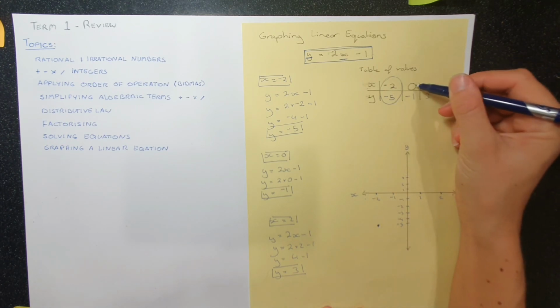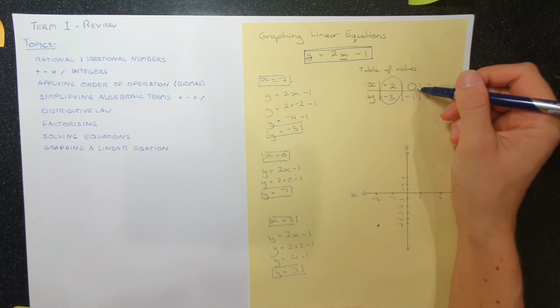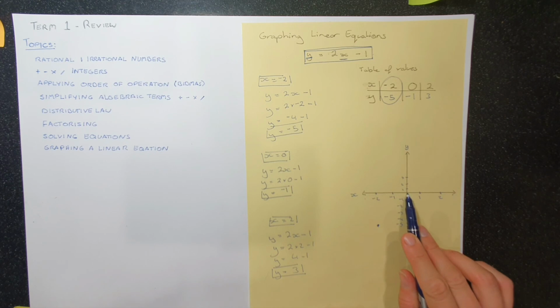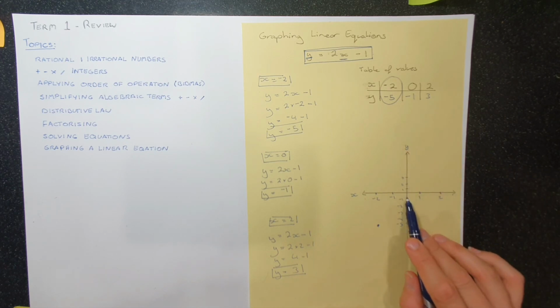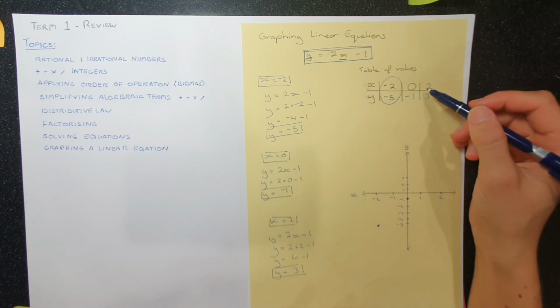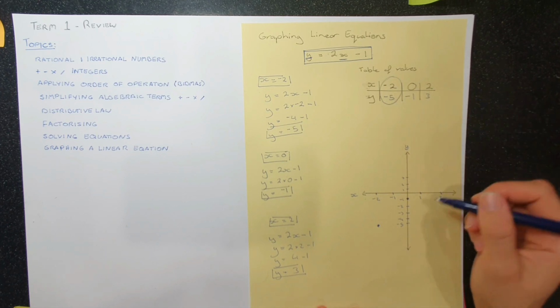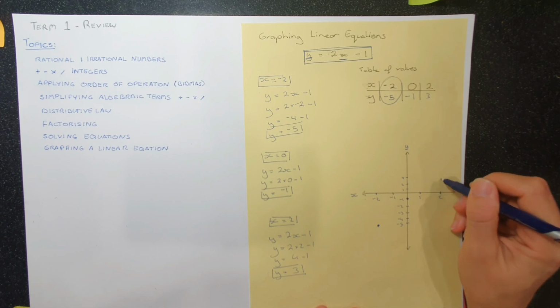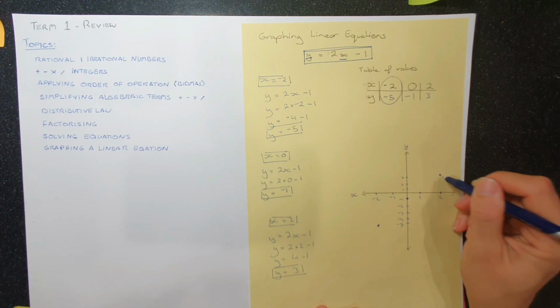In the next one, we're going to plot x is 0, and y is negative 1. So we're going to go down to negative 1. And in the last one, x is 2, and we're going to go up to 3, which should be about there.